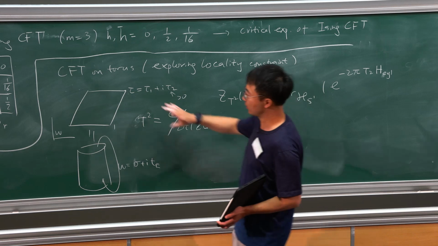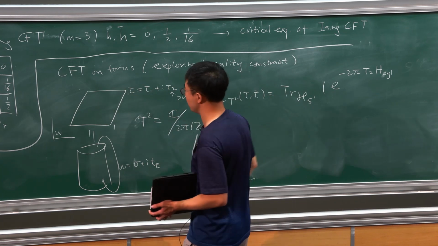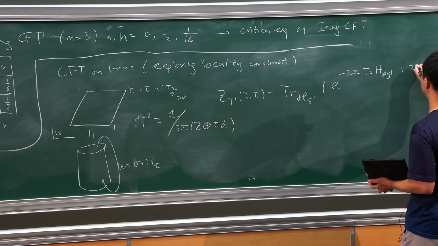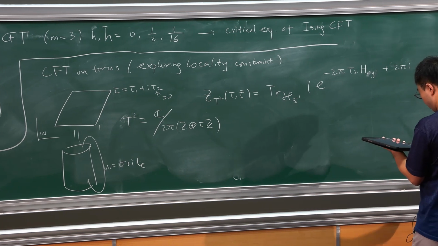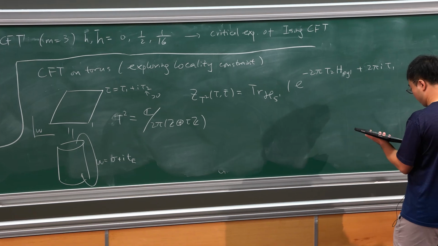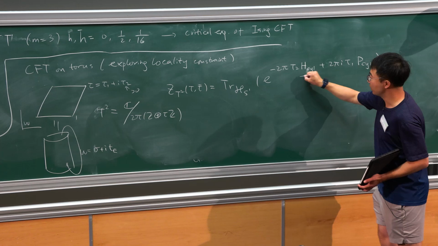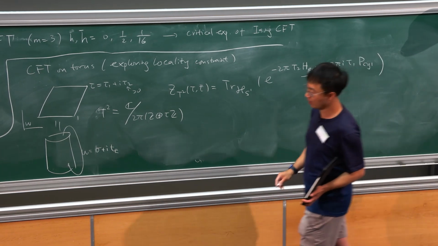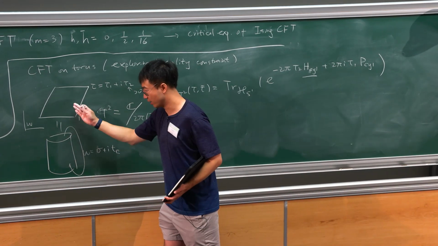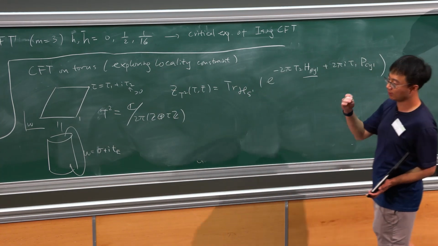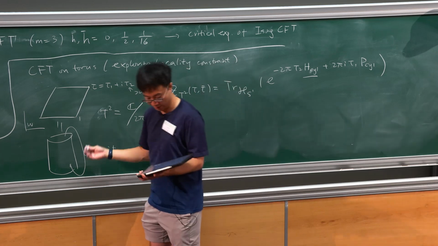And the fact that the torus is slightly slanted in this direction is taken into account by a shift according to the translation in the spatial direction on the Euclidean torus. And that's given by this additional factor. Okay, so again, this H cylinder denotes the time evolution in the cylinder time direction, and this P cylinder characterizes the translation along the spatial direction.